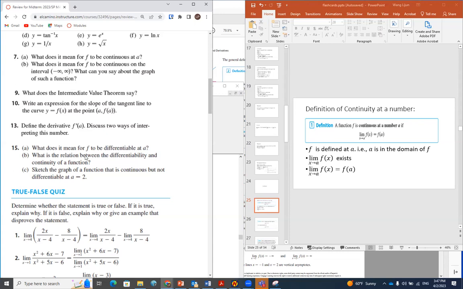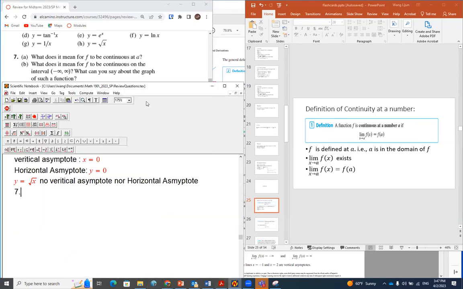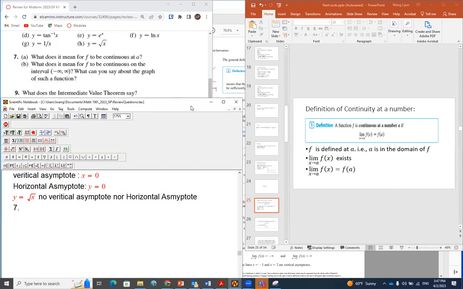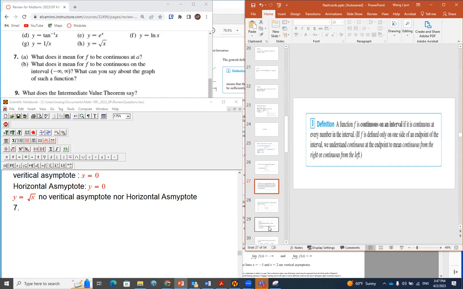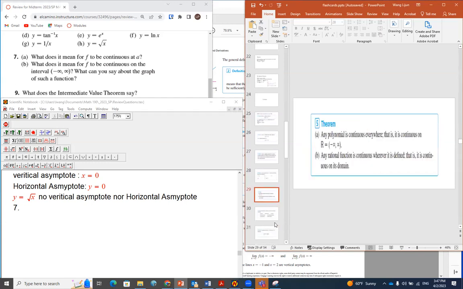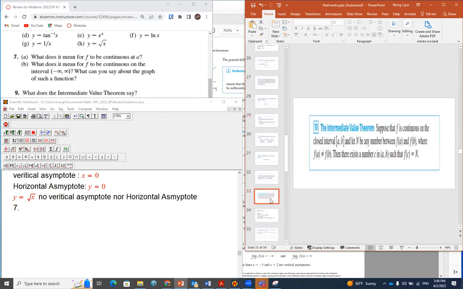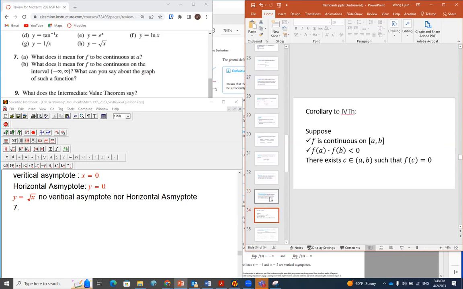Intermediate value theorem, what does it say? It says something about a continuous function on a closed interval. Intermediate value theorem, and it has a corollary. So these two are both called intermediate value theorem.